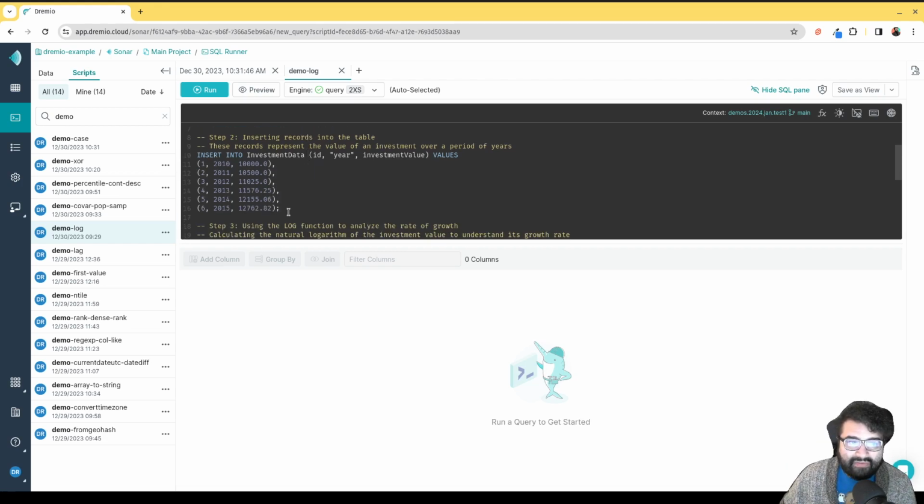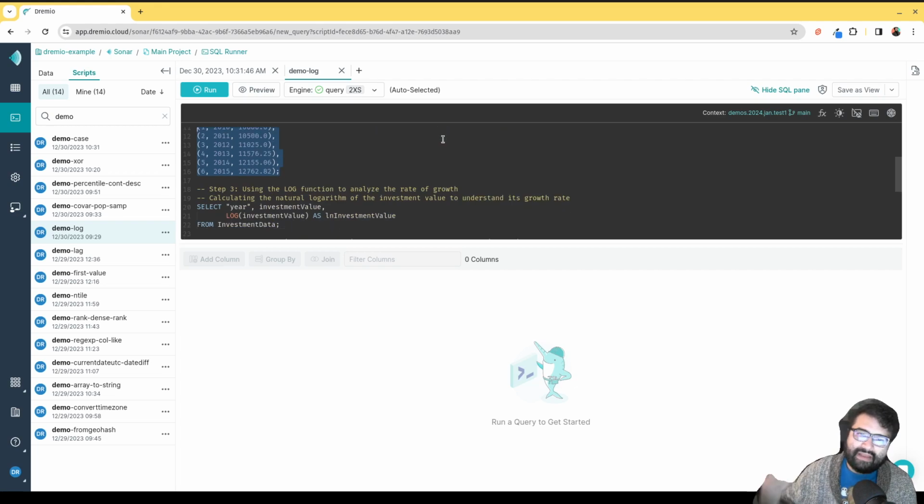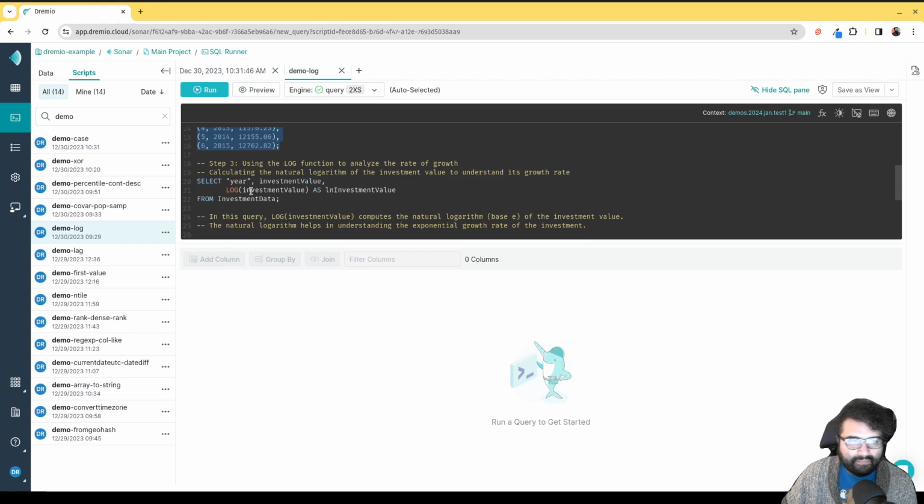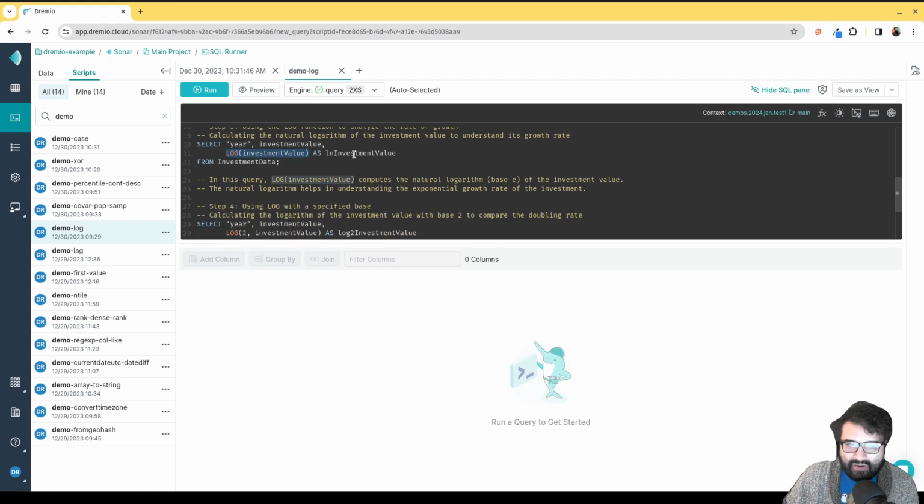Here we have the data. So here's the data for the year and the value of the investment at that point in time. What we want to do is understand how it grows. Is it doubling every year? What's the general rate of growth? As we can see here, we're going to use a log function, and we pass in the investment value, and that gives us our logarithm.